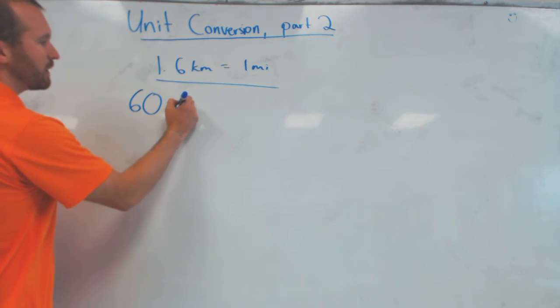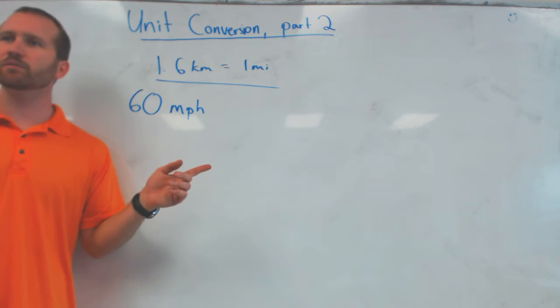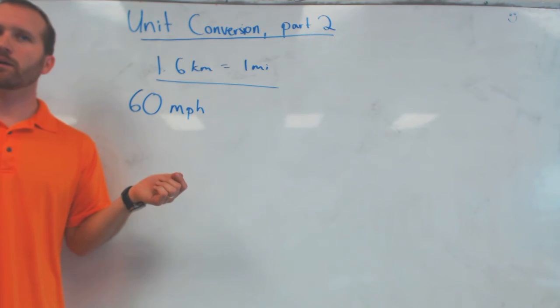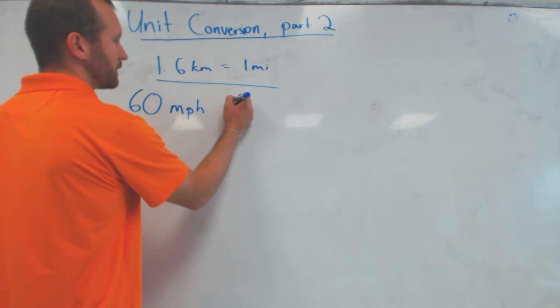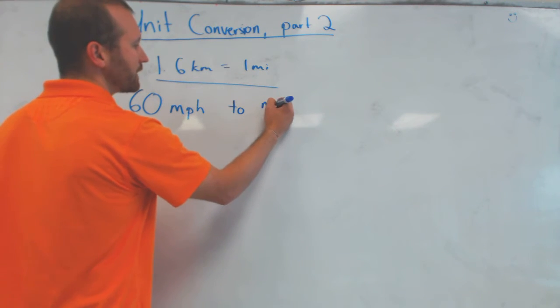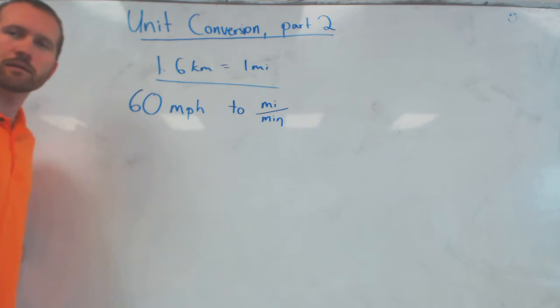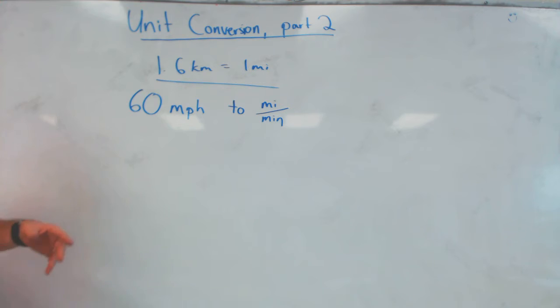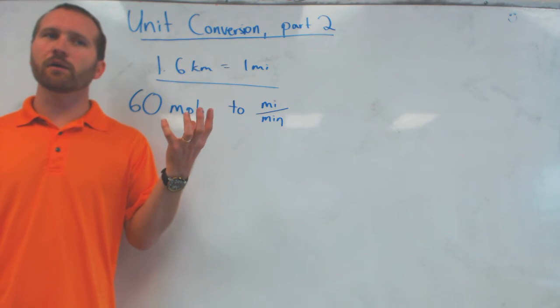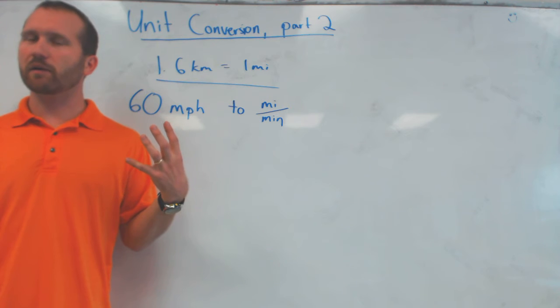But maybe the speed limit on a state road is 60 miles per hour. I'm going to convert 60 miles per hour to miles per minute. So I want to figure out how many miles will I go every minute if I'm going 60 miles per hour.